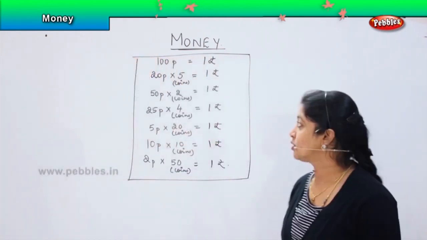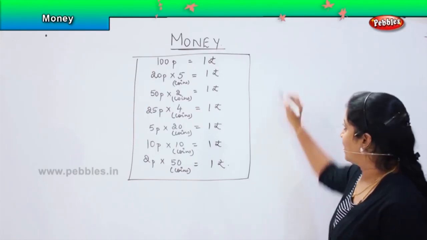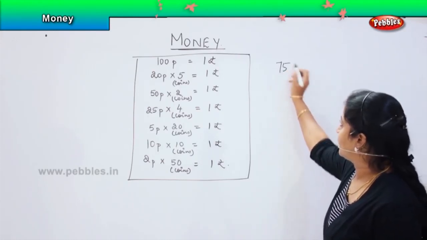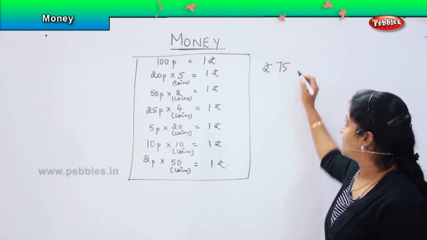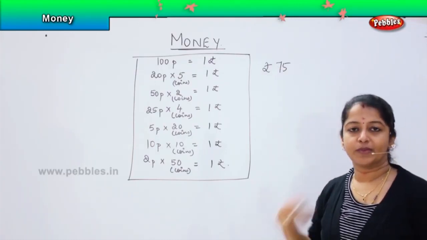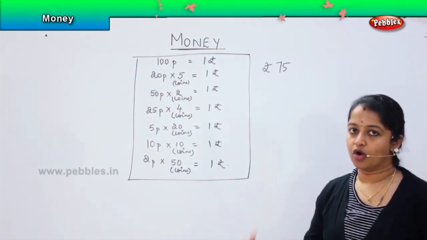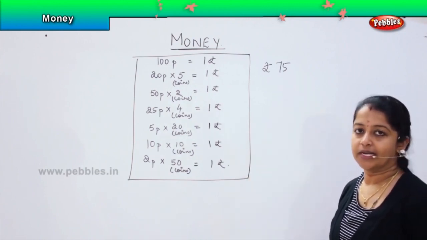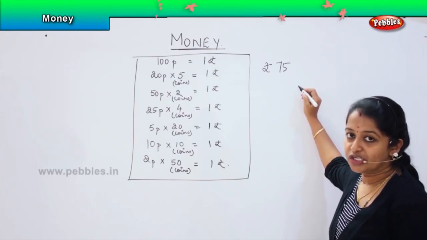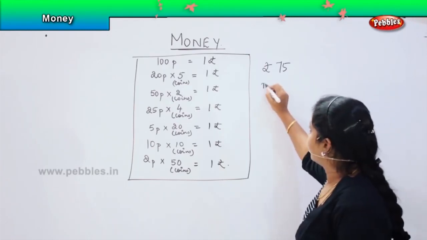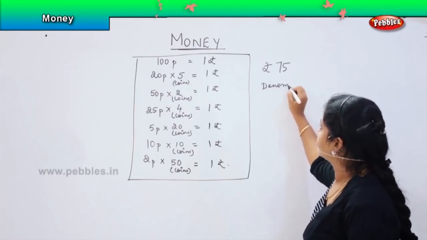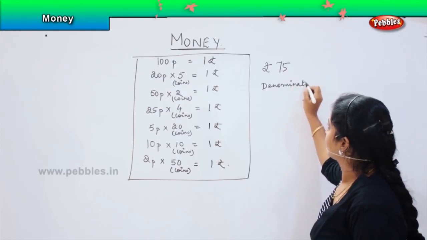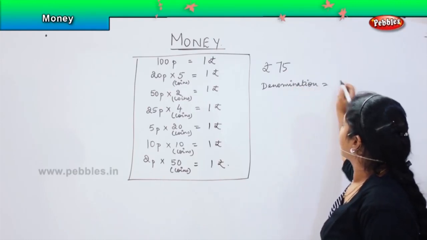Yes. And you should also remember that, for example, if I have got 75 rupees, is it possible for me to produce 75 rupees in one note or in one coin? No. So how am I going to do this? I will be splitting it. So what are the denominations of notes we have? I have a denomination of 10 rupees.